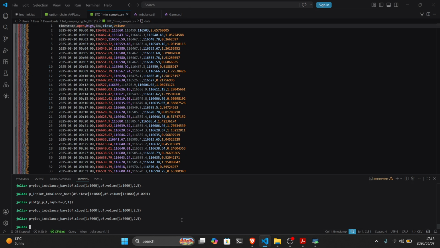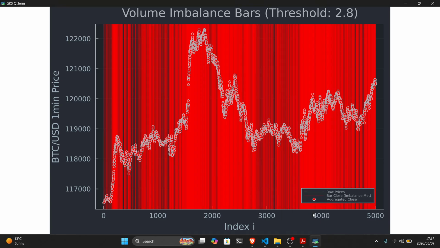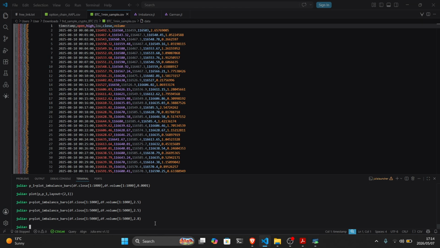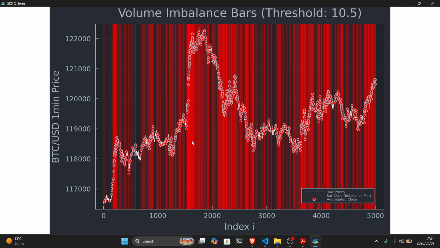Now I want to play around with this variable. I want to see if I take it to 2.8 how it would look. Probably not a difference that my eyes can notice. Let me try something bigger. Now I can see something.